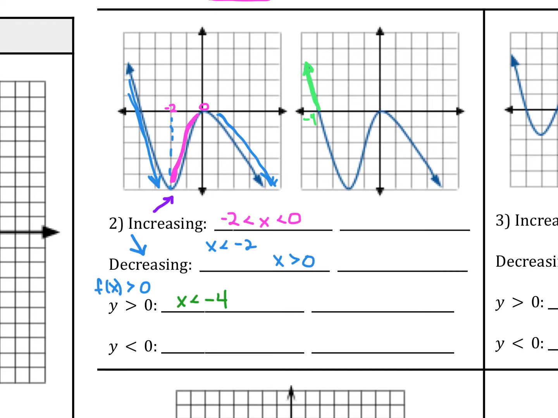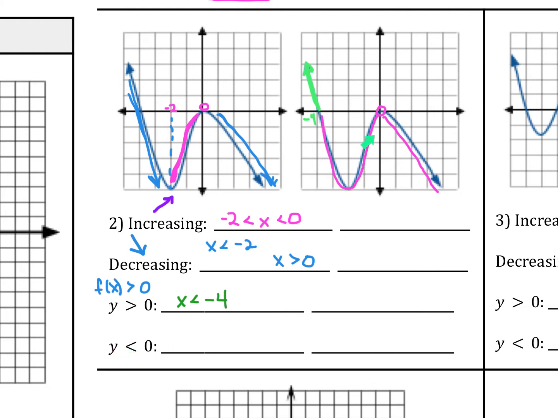Then when it's below the x-axis, it is going to be here. And then it actually touches the x-axis again. So technically at the spot that it touches the x-axis, it's not below or above. So we have to notate that when we write it as our answer. So let's say y is less than 0.